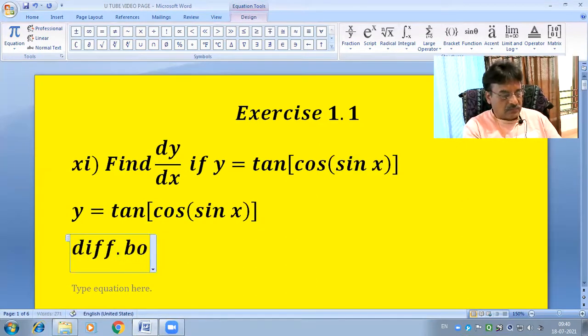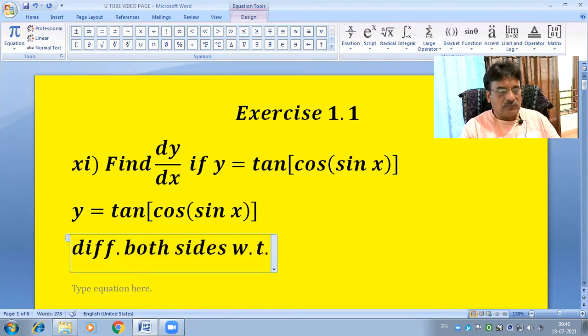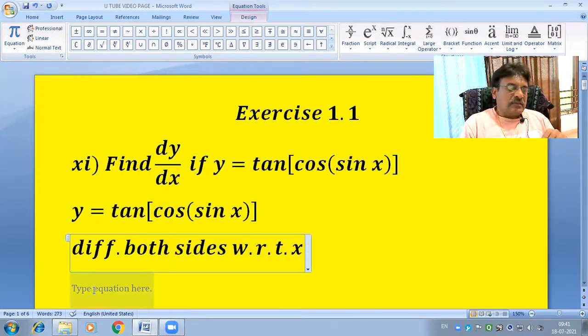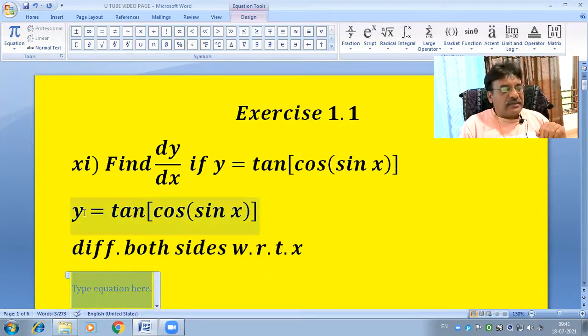In the LHS, y is present, and differentiating y with respect to x gives d/dx of y, that is dy by dx.